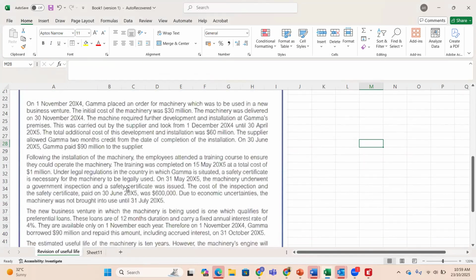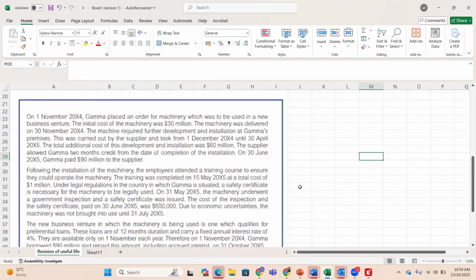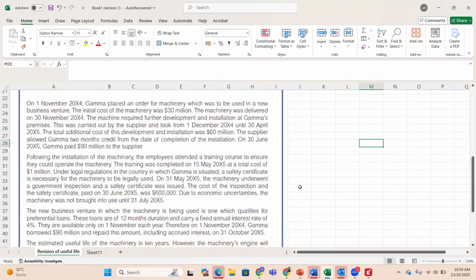Somebody read. On 1st November 20X4, Gamma placed an order for machinery which was to be used in a new business venture. The initial cost of the machinery was $30 million.